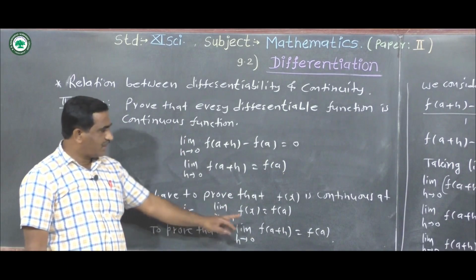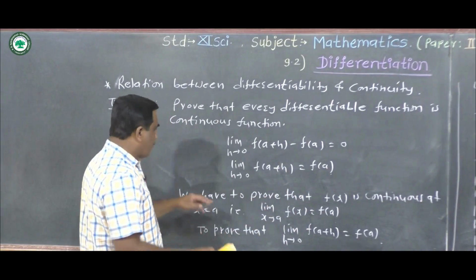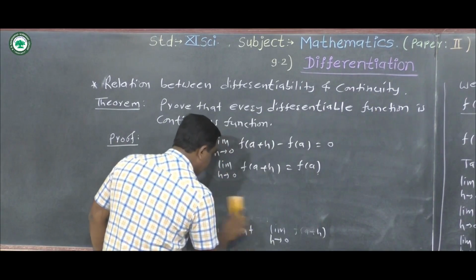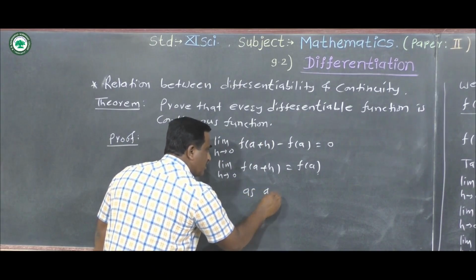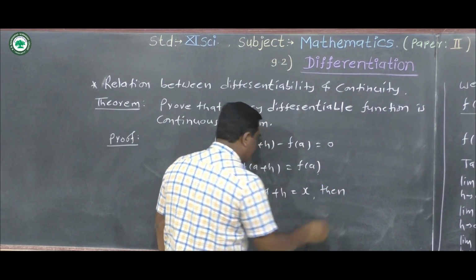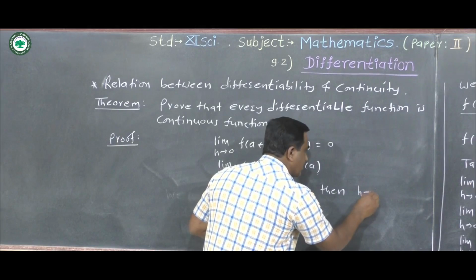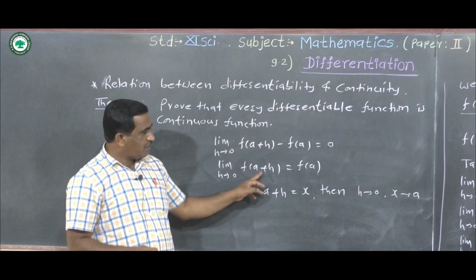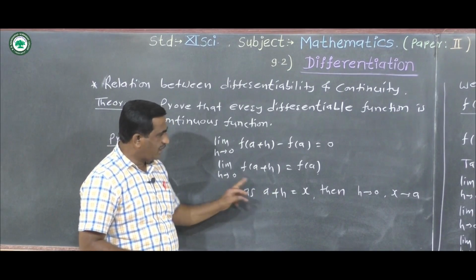Okay, now we have to prove that limit x tends to a of f of x is equal to f of a. Now here we can put a plus h equal to x. As a plus h equals x, if h tends to 0, x tends to a.